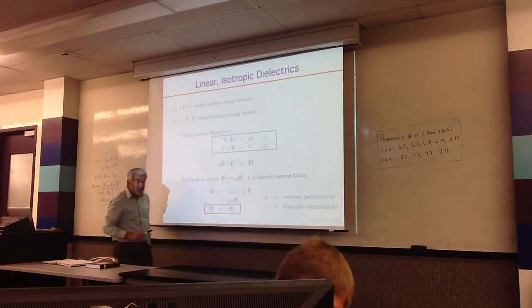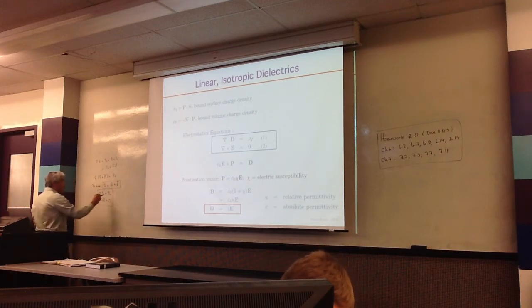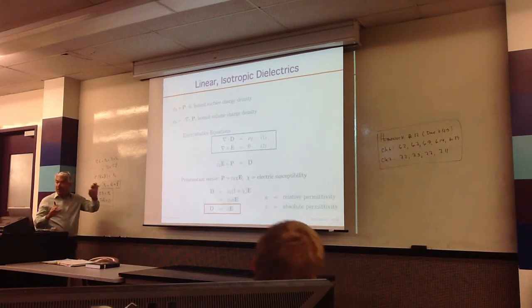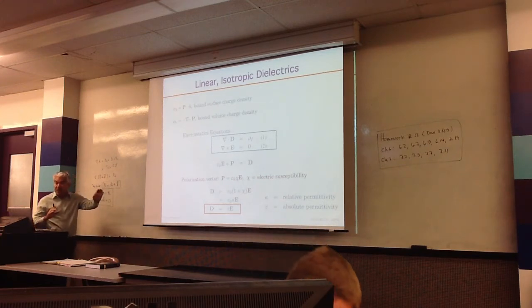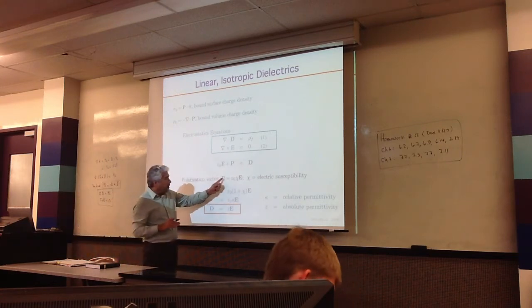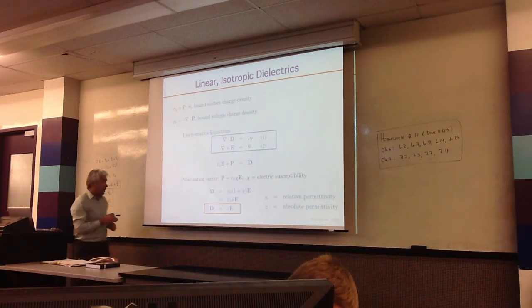So now you have made a relationship, and these are for cases that involve an induced polarization. We're going to do a couple of examples at the beginning in which we don't have anything induced. P is just there. But if it's induced, meaning you get a P because of the presence of an electric field, then this whole thing applies.